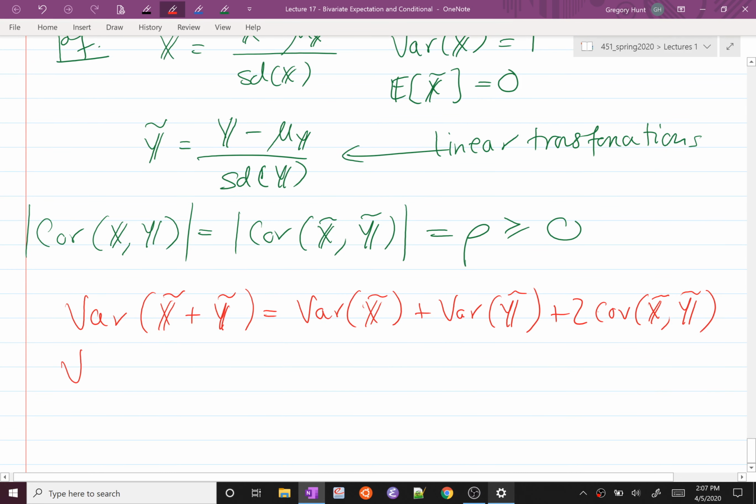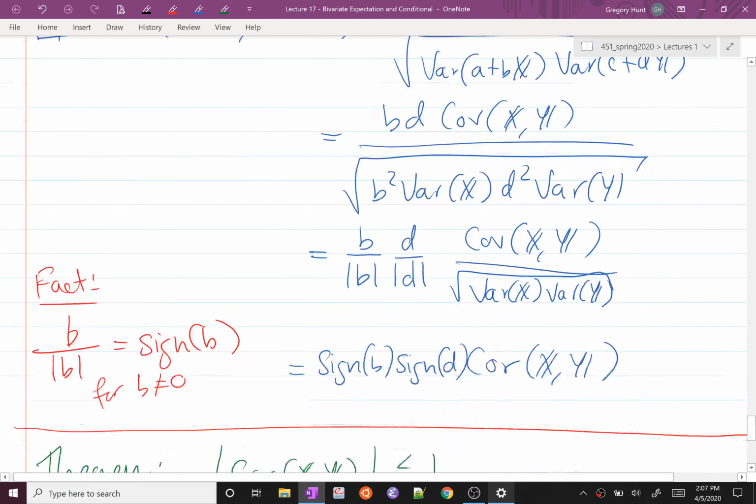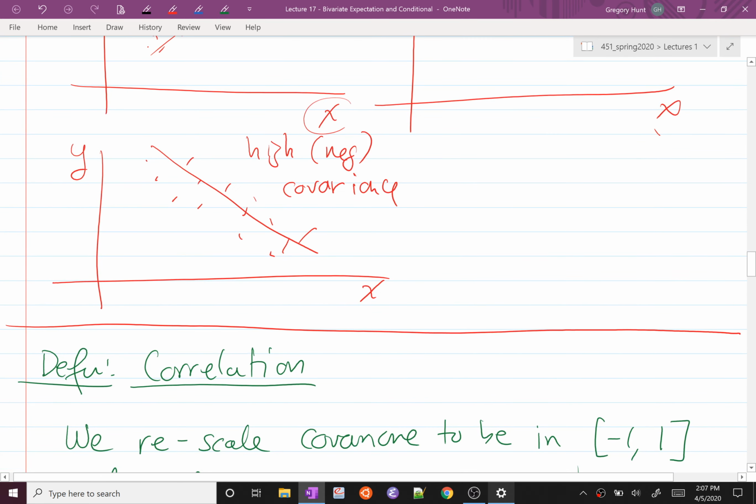And similarly, if I look at the variance of x tilde minus y tilde, this is the variance of x tilde plus the variance of y tilde minus 2 times the covariance of x tilde and y tilde. So this is our theorem way back up. Let's see if we can find it. Scrolling back up.